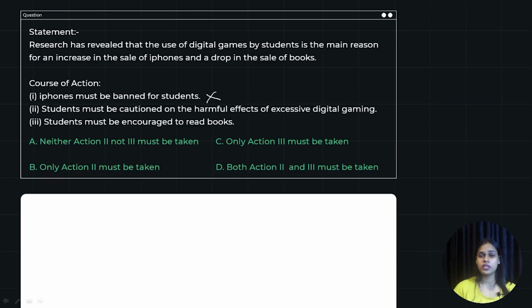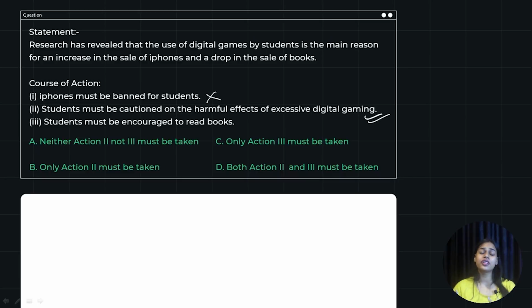No, right? So action 1 is not an option. Students must be cautioned. Yes, if you want to encourage students to read books, you can caution them about the harmful effects of digital gaming. That way you can properly reduce their usage of phones, right? So this can be done. Students must be encouraged to read books. Again, if you want students to reduce their use of phones and digital gaming, you can encourage them to read books by different methods, by giving them benefits, pros and cons of reading books, and you can give them rewards for reading books.